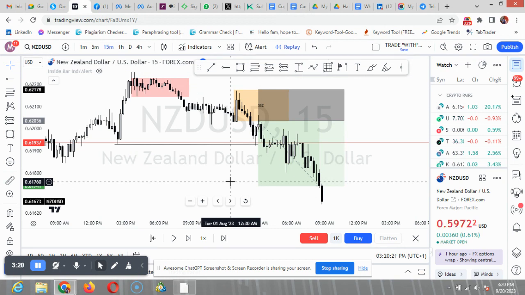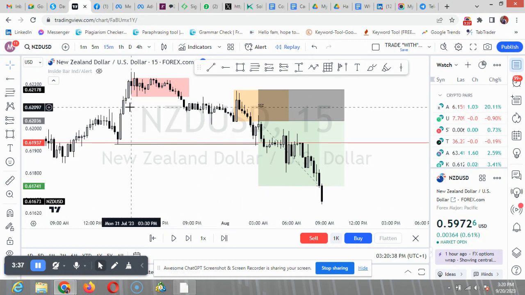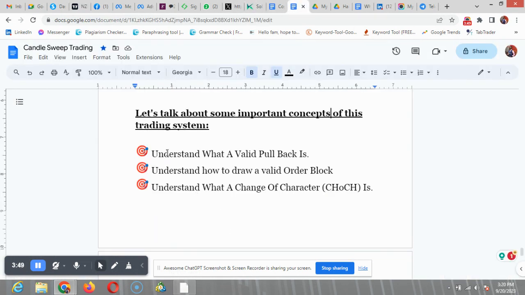After you have seen the sweep on your daily time frame candle, and then you switch to the 15 minutes for your entry, all of those concepts, a valid order block, a change of character, and a valid pullback, would help you identify your entry point and your exit point and all of those stuff. So that's why they are very, very important. Let's take them one by one and then we'll go from there.